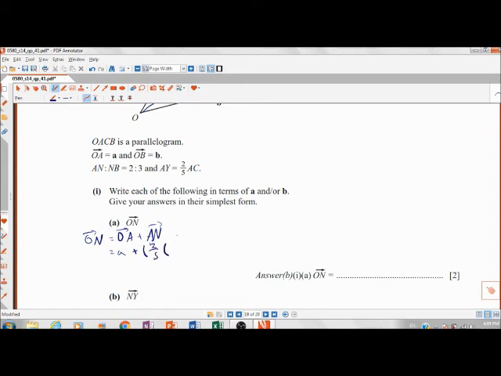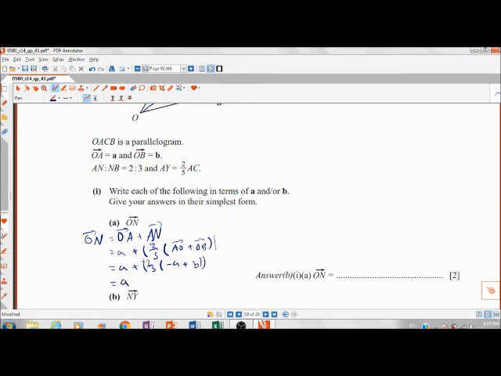AB is basically AO plus OB. So AO is negative a plus b.